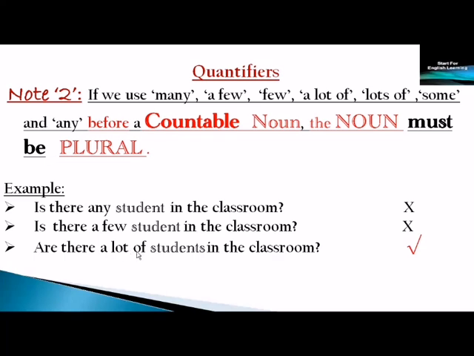A lot of with countable nouns should be followed by a plural noun. Are there a lot of students in the classroom? Refer to the note. If we use many, a few, a lot of, lots of, some, and any before a countable noun, the noun students must be plural.